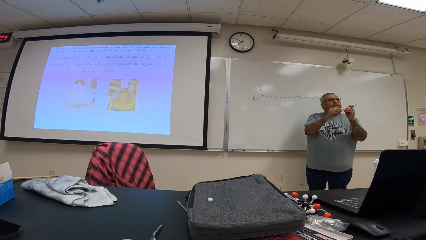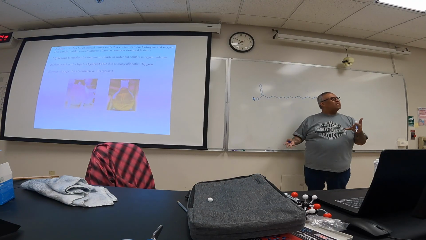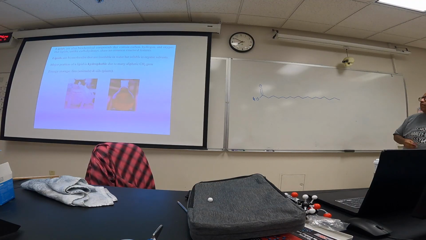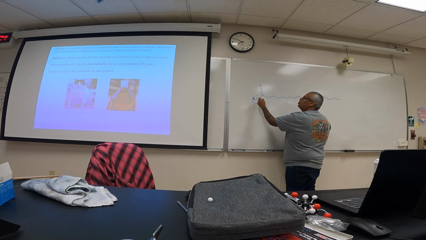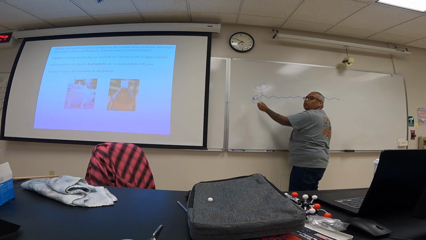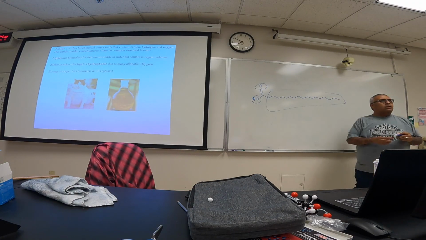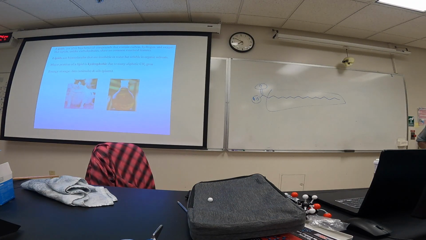Right? The small chain alcohols we were able to dissolve, right? But the long chain alcohols didn't dissolve. And it's a similar case with these lipids, with these fatty acids, is that here, water's attracted to this, water's attracted to this, but water just is not attracted to this long tail here.